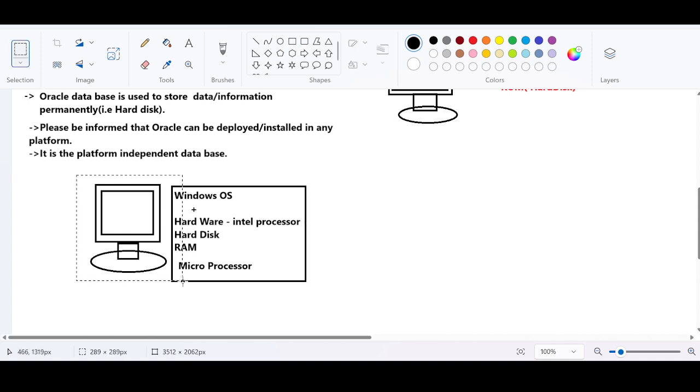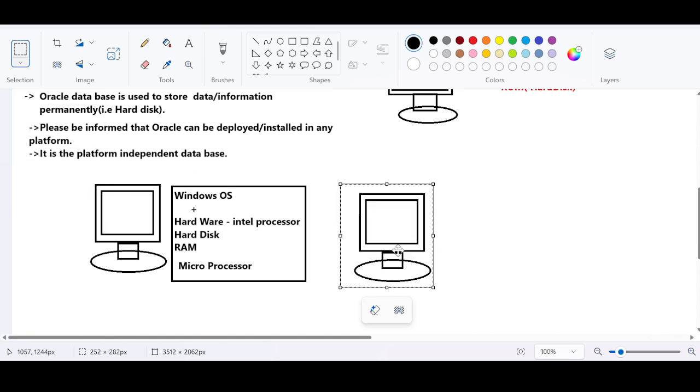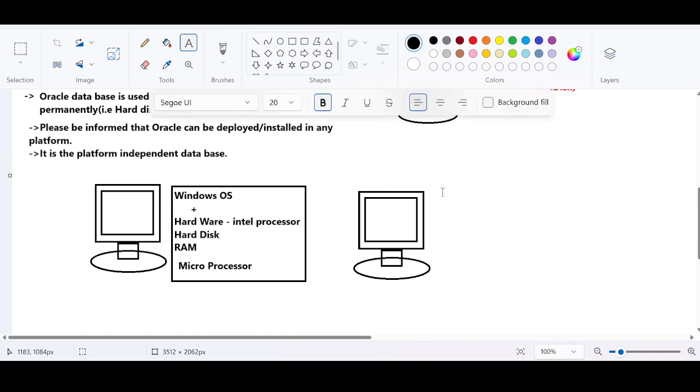And if I ask Sudhir, what kind of platform is your computer, Sudhir might say, sir, my computer is working on the Mac operating system.